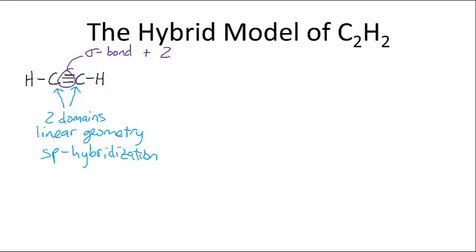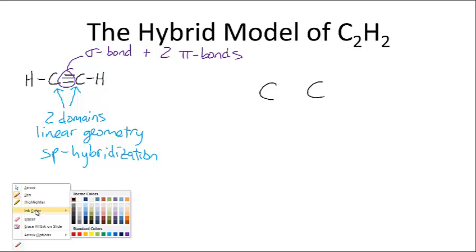So again, I can draw my sigma bonding, and I'd have a sigma bond between the 2 carbons. Each carbon is going to make a sigma bond to a hydrogen.